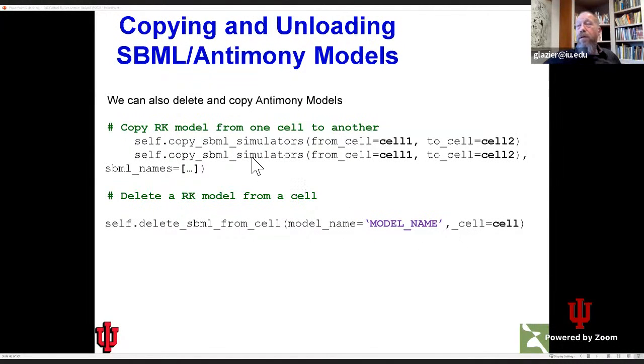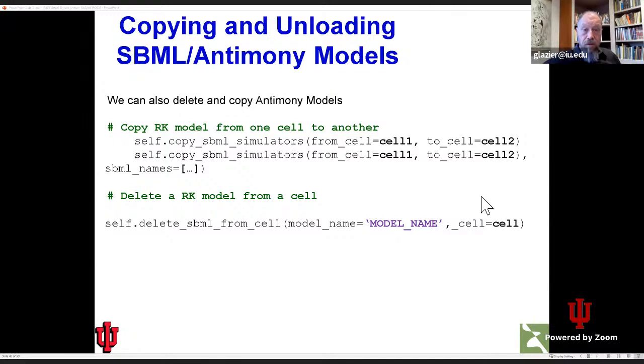It's possible to copy models. We can copy them from a cell to another cell. Why would we want to do that? Well, when we copy the model structure is easy. We could reload that. But the values of all the variables and parameters might have been overwritten. And we wouldn't know that except if we pull it out. And so it's helpful. If we really want to clone simulate the state of a model, of a subcellular model, we need to be able to do that.